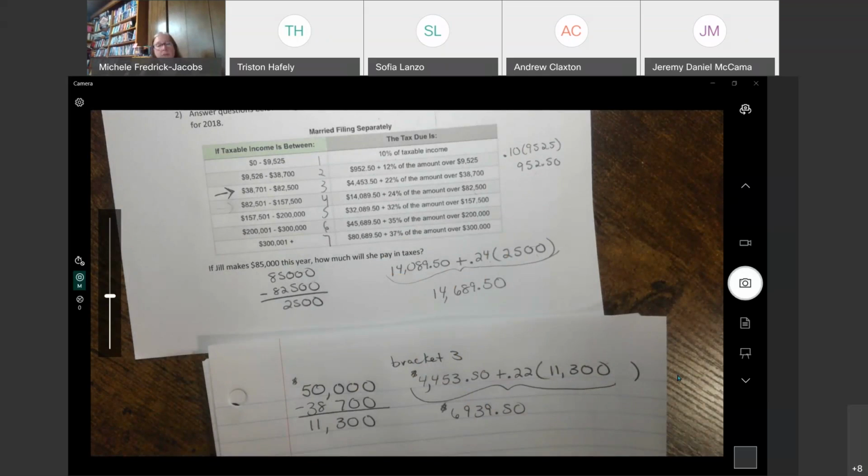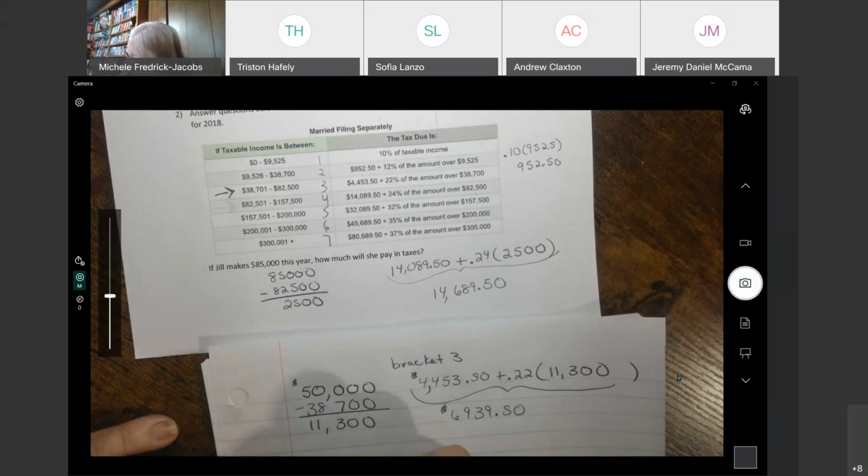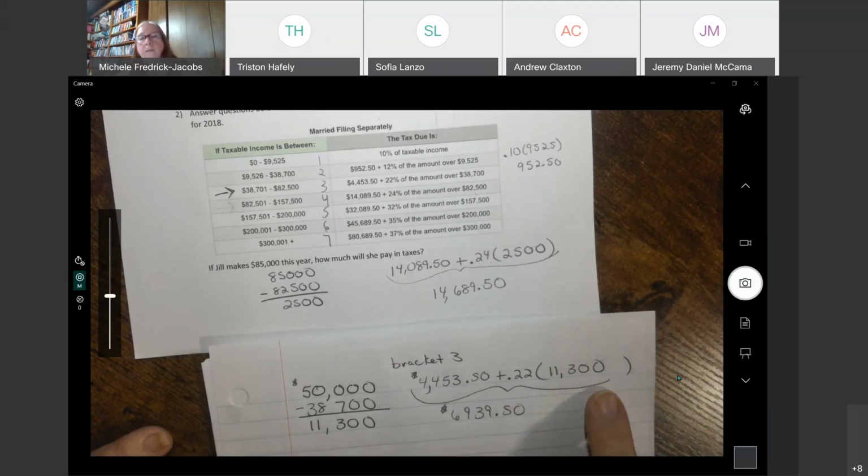Let's try another one. How about if you make 240,000? See what bracket it puts you in, and then set up your equation, and then plug it in.